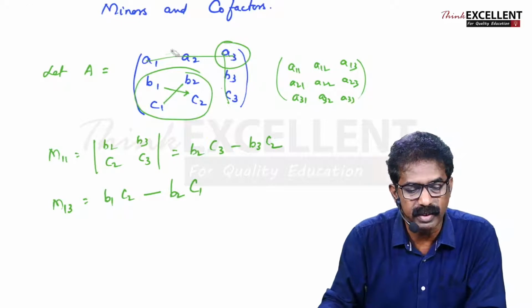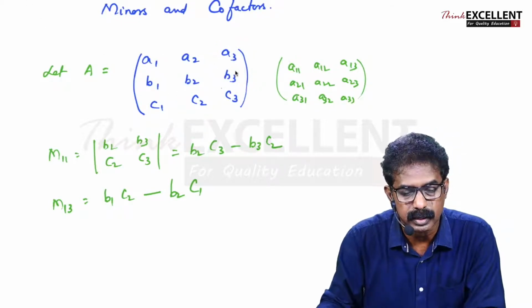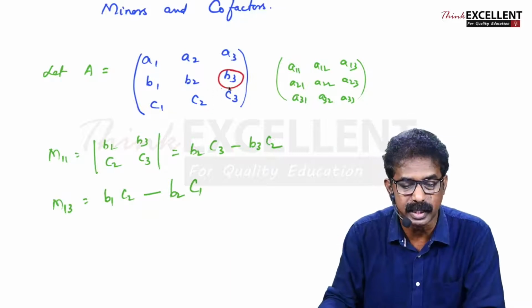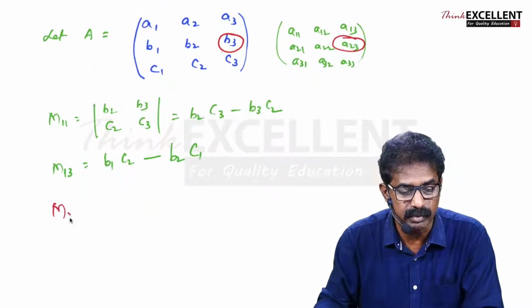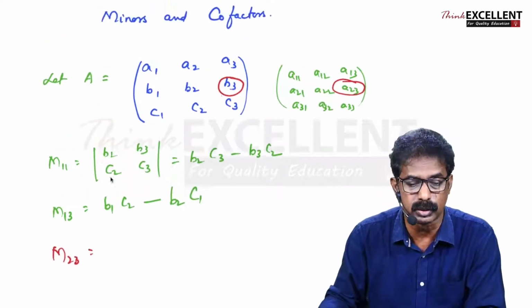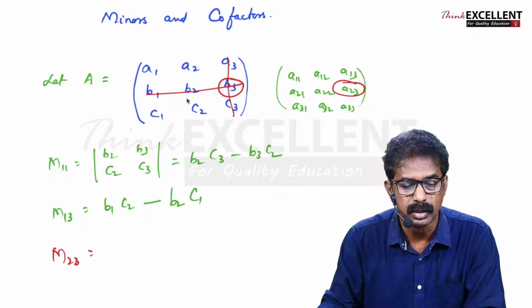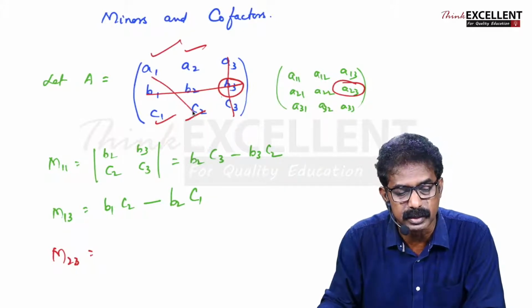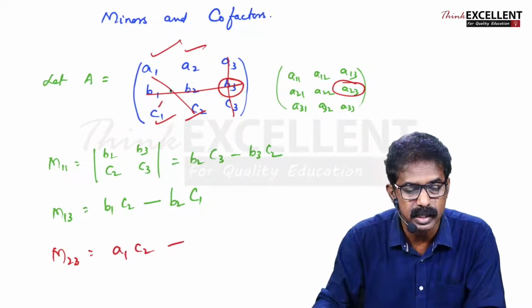Suppose you want to find the minor of this number B3. That is in which position? 2, 3. So M23, the minor of the element in position 2, 3. Leave that particular row and that particular column. These are the 4 numbers you have. Multiply: A1 C2 minus A2 C1.